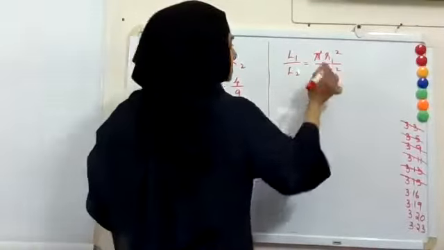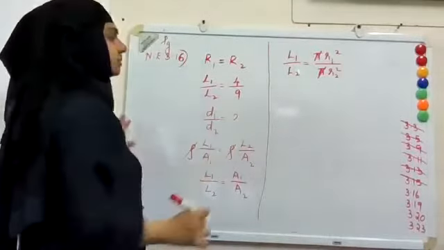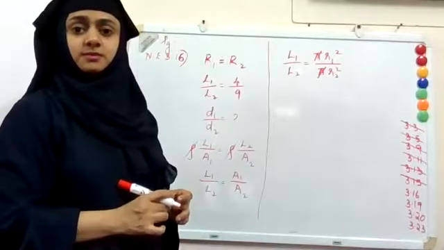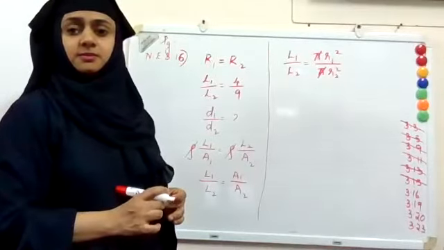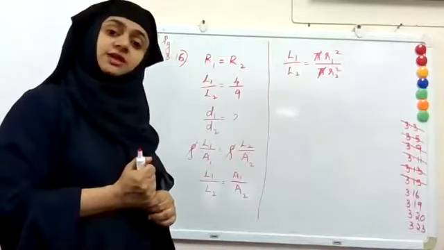Now we want diameter, right? What is the relation between diameter and radius?